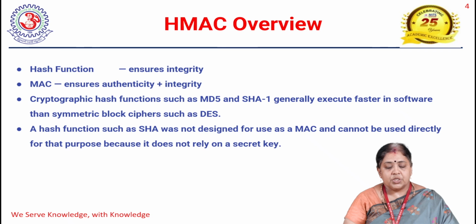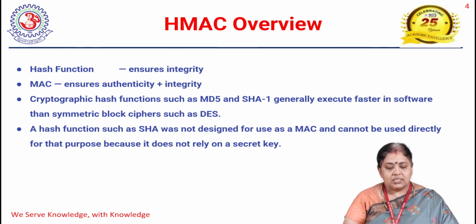Because it executes faster in software. While MAC ensures both authenticity as well as integrity, the hash function ensures only integrity. Even so, people are interested in using cryptographic hash functions because they generally execute faster in software.